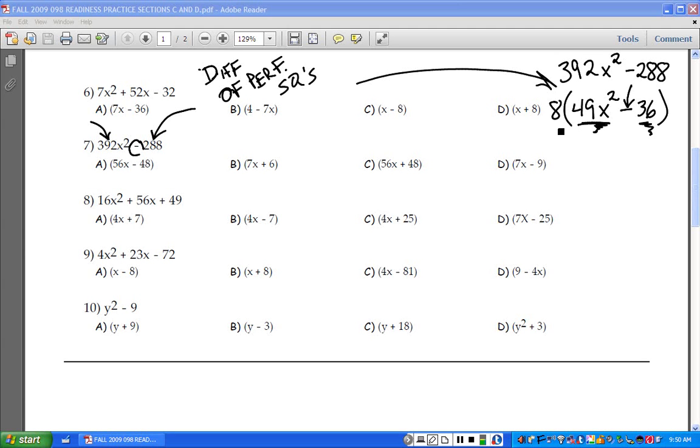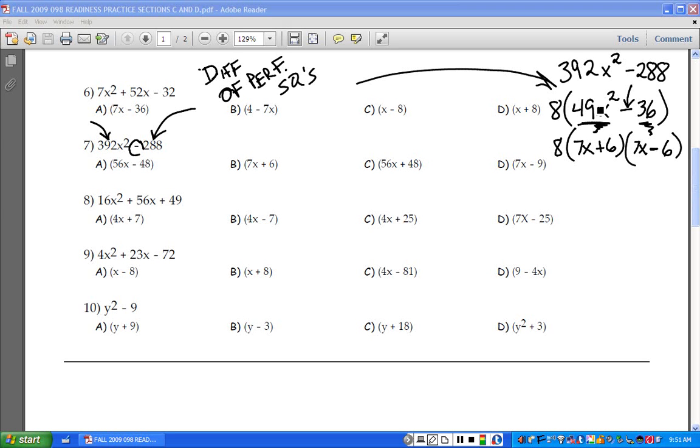So I keep my 8. The square root of 49 is 7, and of x squared is x, so I say 7x, and the square root of 36 is 6, so I say a plus 6. Then I say 7x again, but now minus 6.